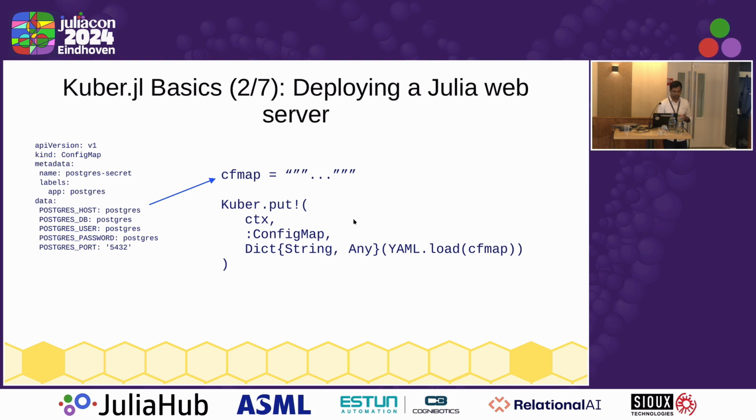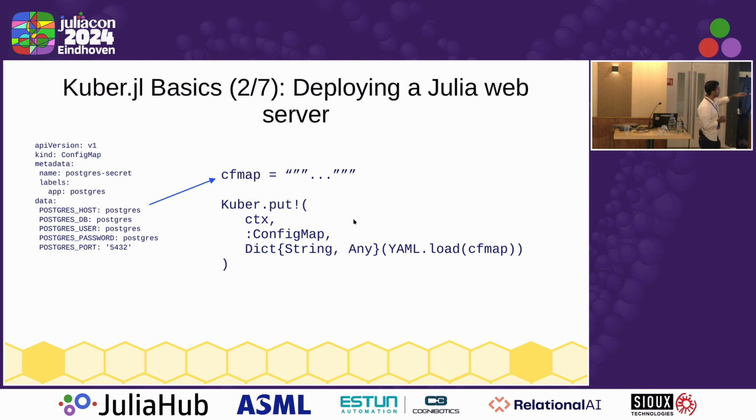So just want to talk about a brief example of deploying a Julia web server. I'm going to start with what's called a config map. Any application that you deploy has some config. So I have a sample application here. I'm using a Postgres database, so I have some Postgres credentials here, like the password, the user, the host.